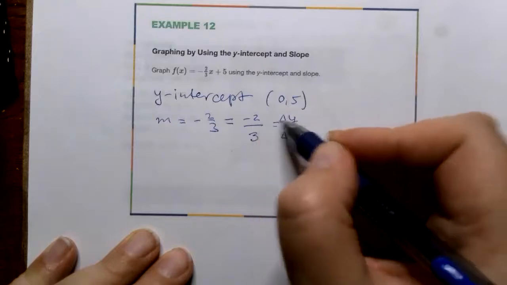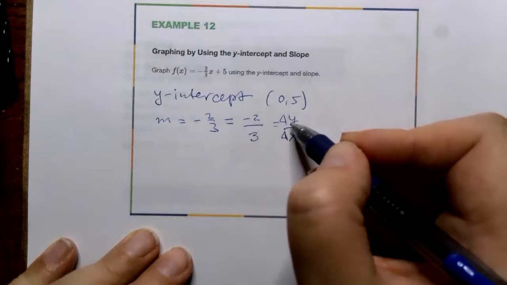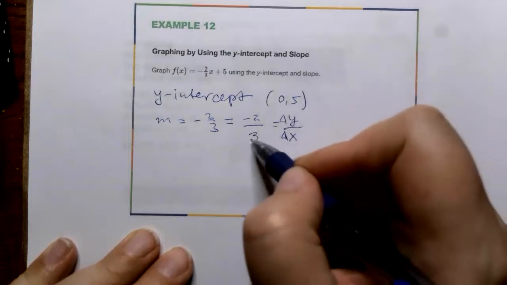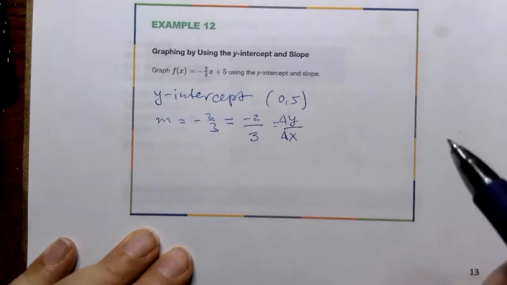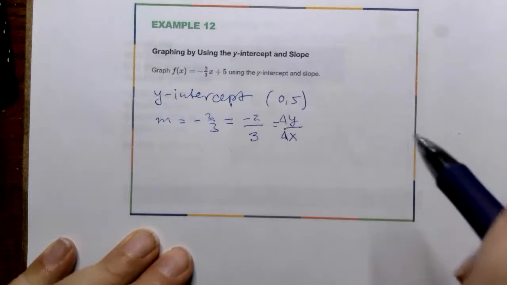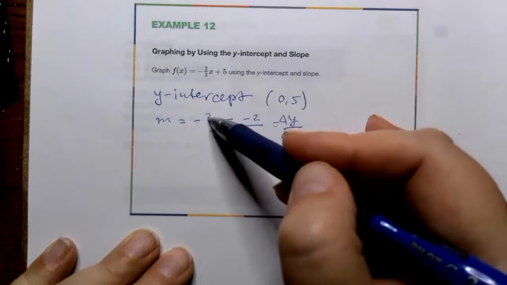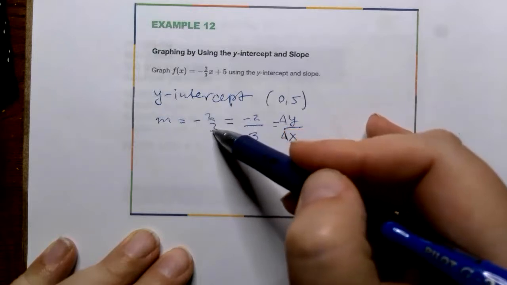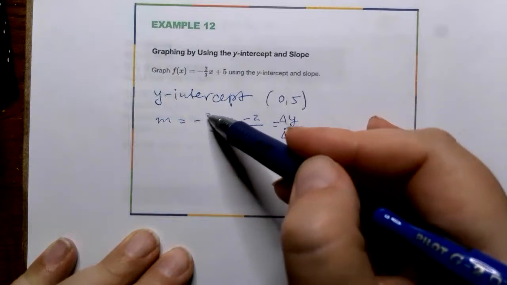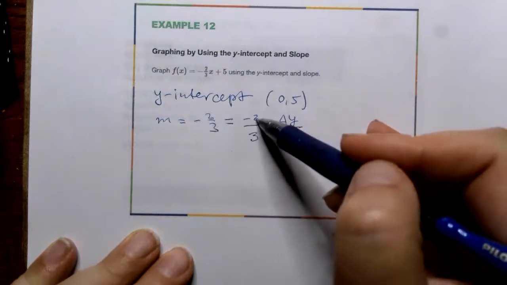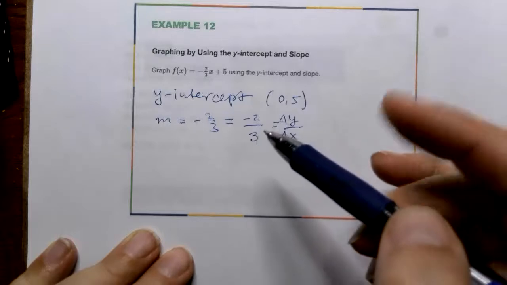Now on the y, because it's a negative value, it tells you that you're moving down instead of up. Okay, but on the x, it's still left to right. Now one mistake that I see very often here: when students see a negative here, they're moving down, and they're also moving to the left instead of right. So this negative attaches only to the numerator or only to the denominator, but not both, okay?